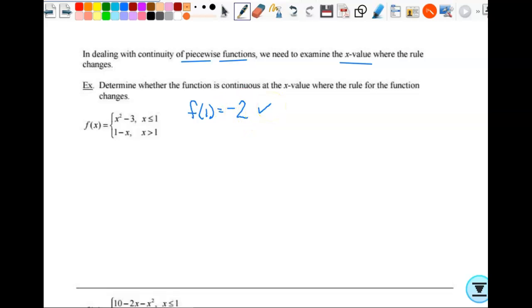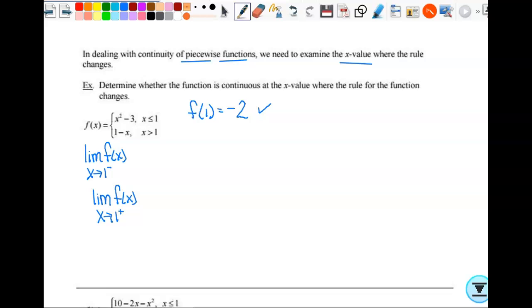Perfect. Then we need to check and see if the limit exists. So I need to take the limit of f of x as x approaches 1 from the left, and the limit of f of x as x approaches 1 from the right. We good with that?